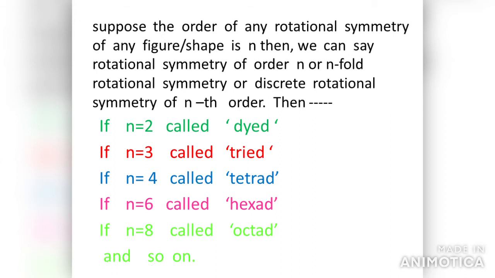And according to the numeric order, if n is equal to 2, we call it dyad. If n is equal to 3, triad. If n is equal to 4, tetrad. If n is equal to 6, hexad. If n is equal to 8, octad, and so on.